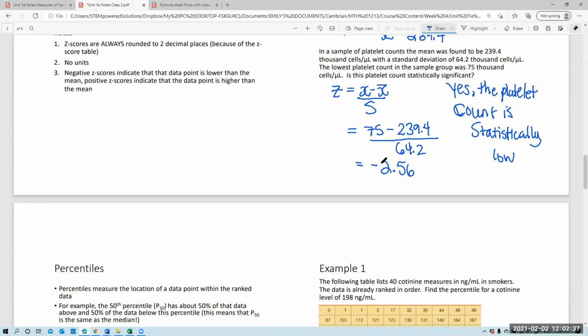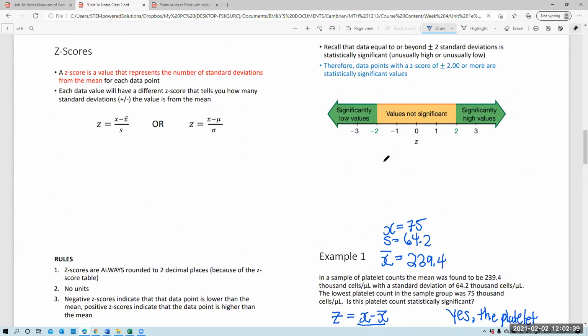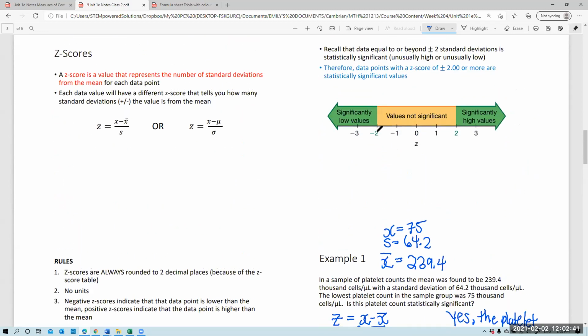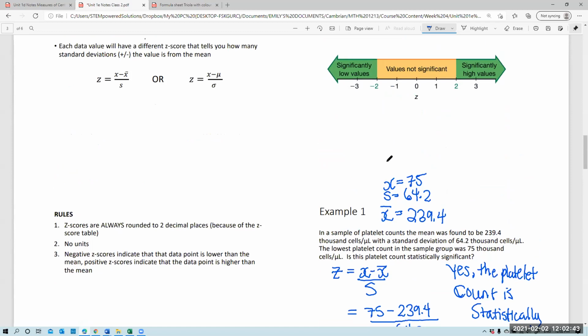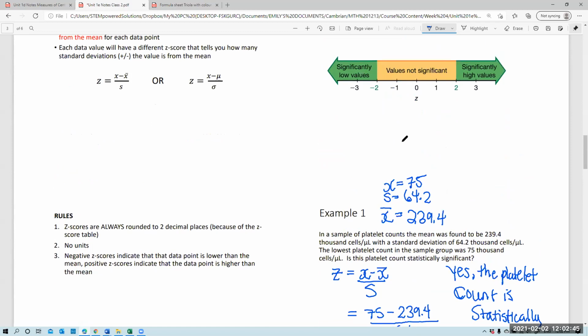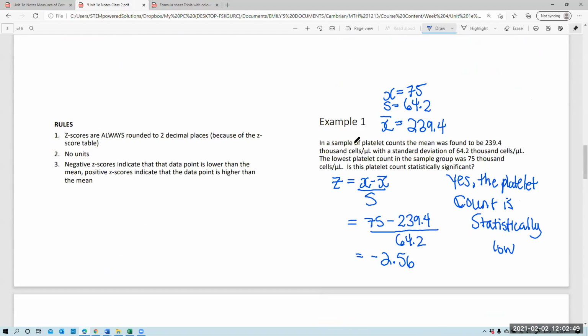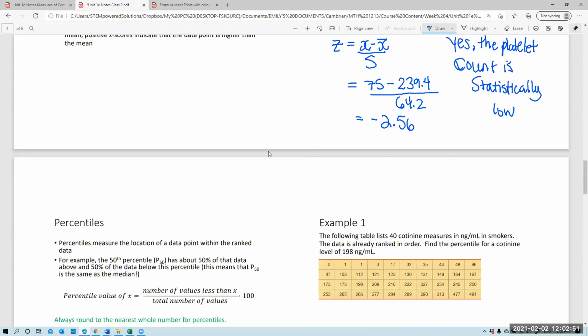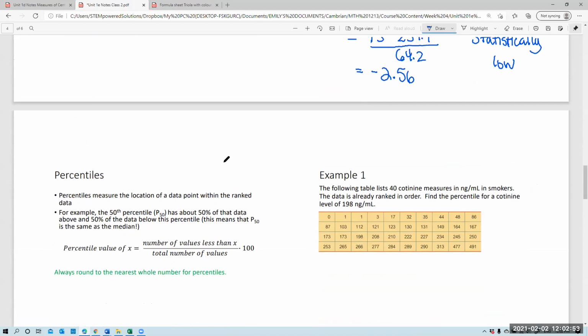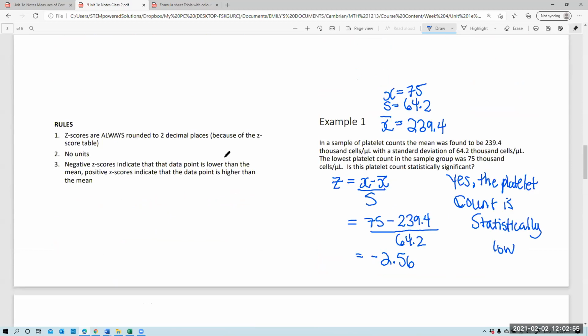If our z-score is beyond negative 2, then that means we have a significantly low value. All right, so that's what that means right there. Any questions about the z-score and how we calculated it?